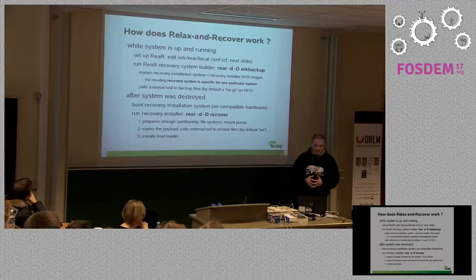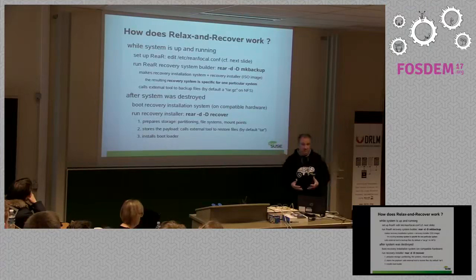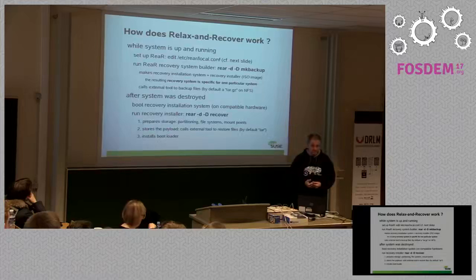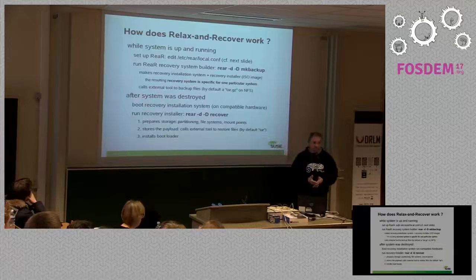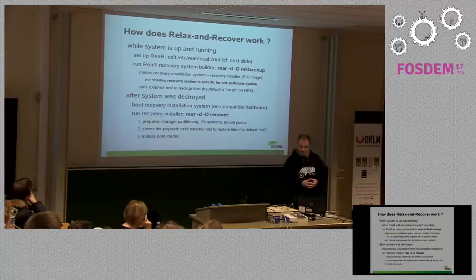I have to say something about the step before: the recovery system is made as a bootable ISO image. After the system was destroyed, you boot the bootable ISO image, the rear recovery system, on the new hardware, and therein you run the rear recovery installer, which is called rear recover. What does it do? The same as described before. It prepares storage, it restores the backup, it installs a bootloader, and then you are done.